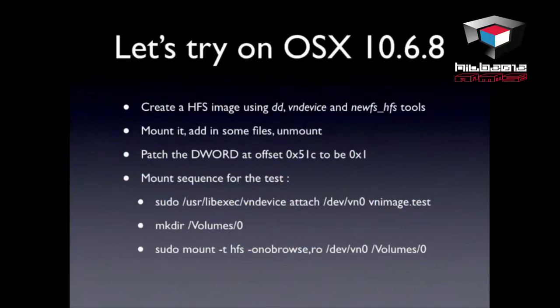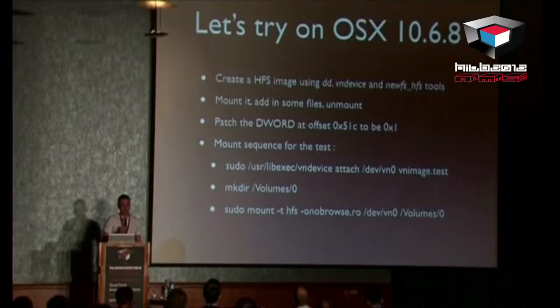We'll create an HFS image using standard tools, dd, vndevice, and newfs_hfs. We'll mount it, add in some files, unmount, then we will patch this famous DWORD we saw previously, this one. And we will try this little mount sequence.